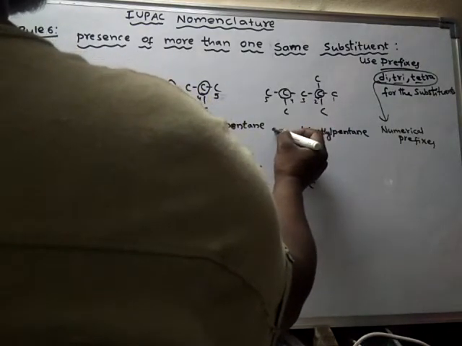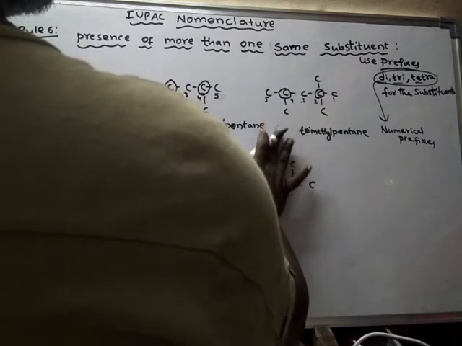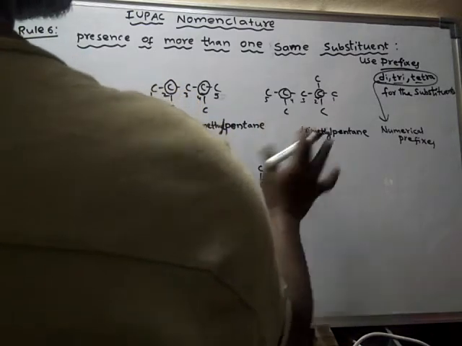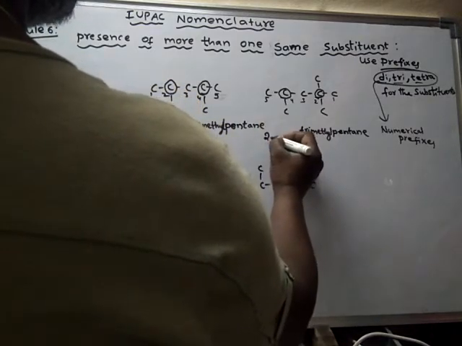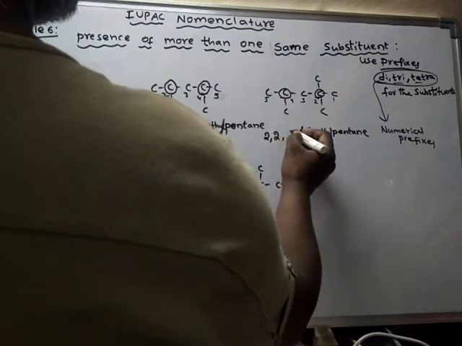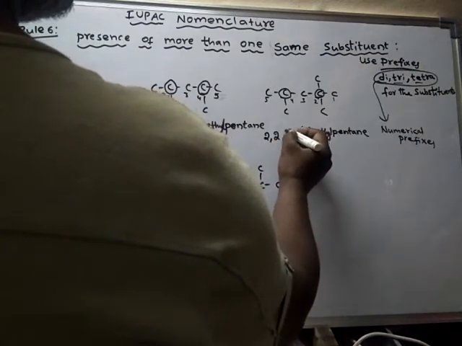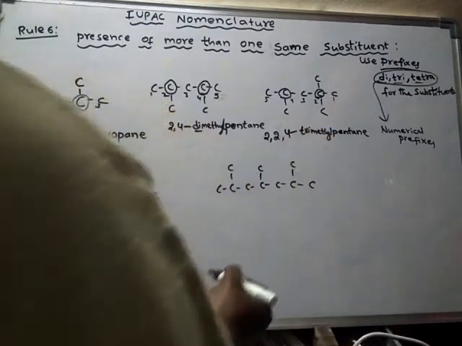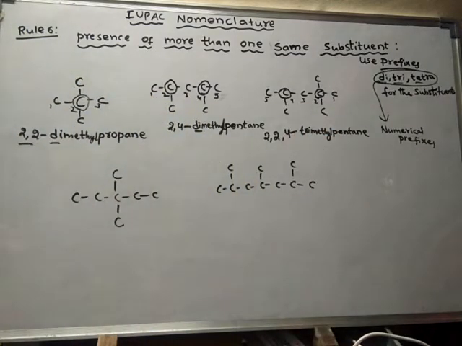So it will be 2 comma. The name will be like this: 2,2,4-trimethylpentane.